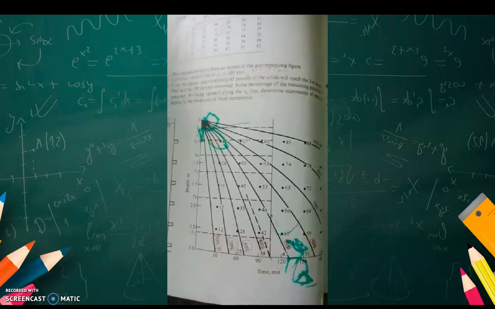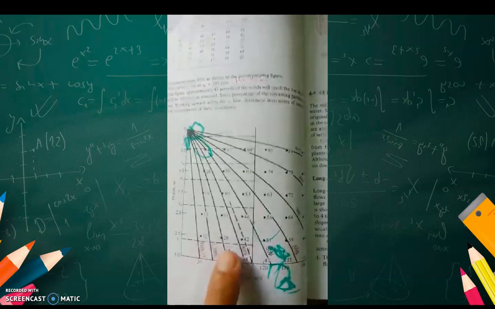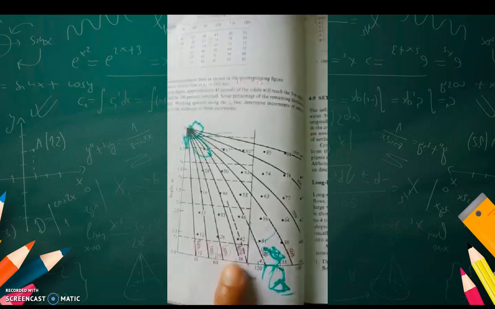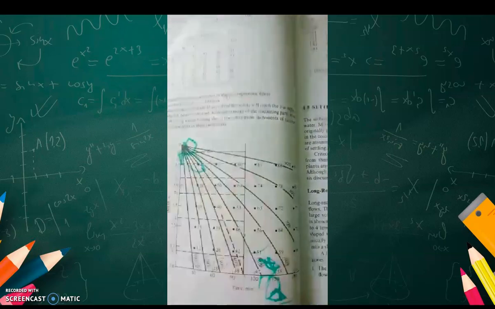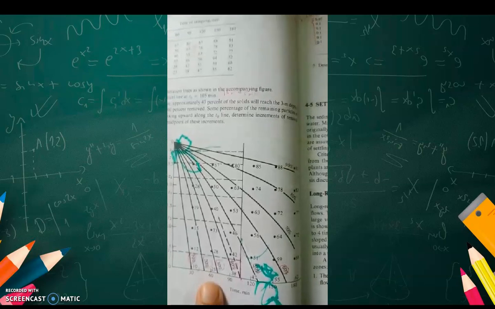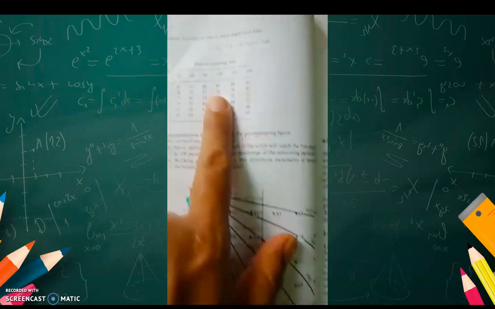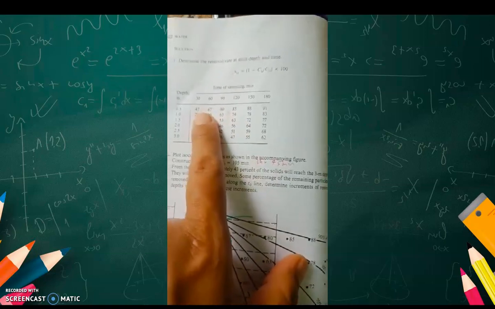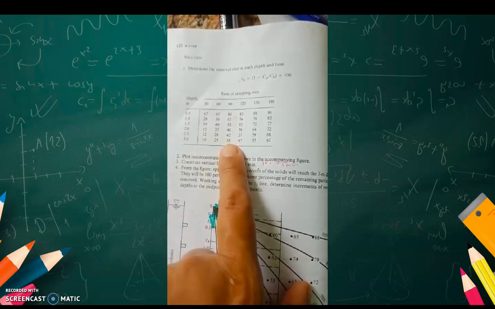So let's try another value. Let's say for 30% ISO removal. When you read from the table here, at 3 meter, 60 minutes, it will be 25. 3 meter, 90 minutes, it will be 38.